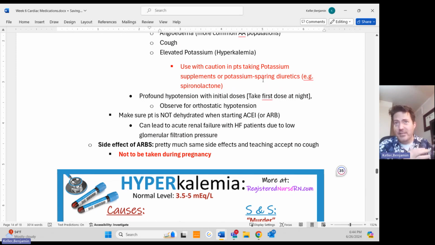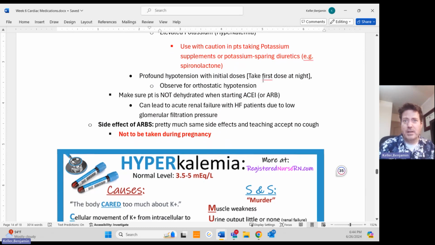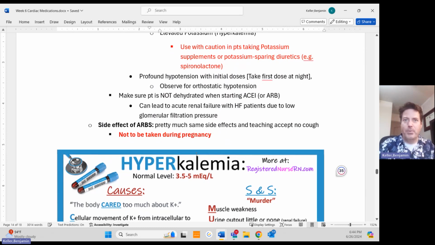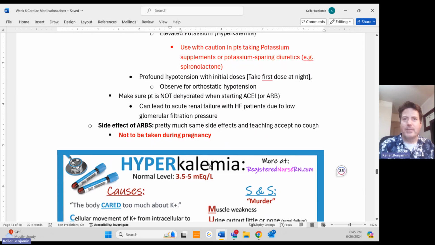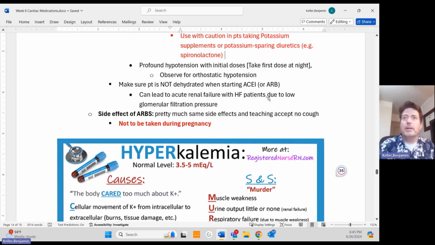If they're on a potassium-sparing diuretic or they take potassium supplements, then they need to be aware of hyperkalemia, and I put the signs and symptoms down below. Remember that the normal range for potassium is 3.5 to 5, and you can remember that a pound of bananas is usually 3.5 to 5 bananas in a bunch.